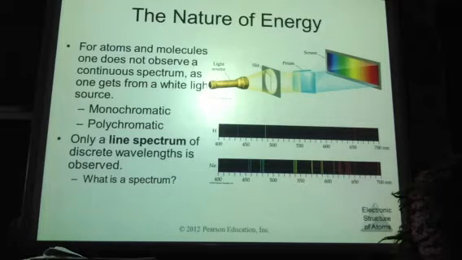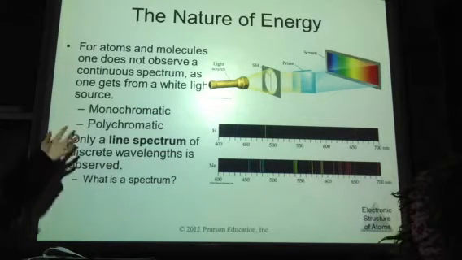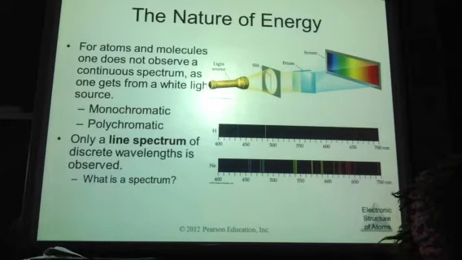Monochromatic light just means that we have one particular wavelength, so we'll see one particular color. Polychromatic light, poly meaning many, means the light could contain two or more different wavelengths or different colors.